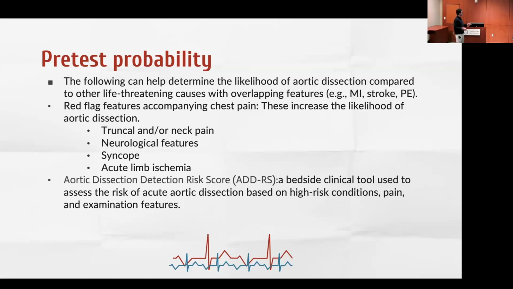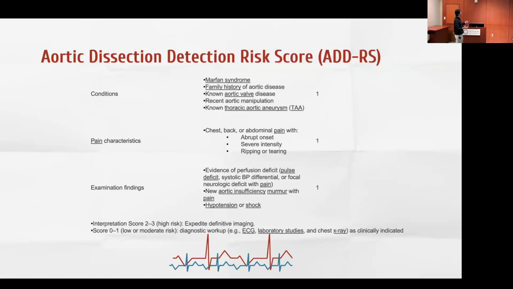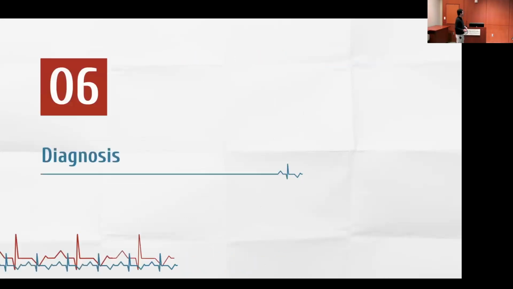There's something called the Aortic Dissection Detection Risk Score, or the ADD-RS. It's a clinical tool measured on a scale of 0 to 3. If patients present with such complications, then the higher their number, like 2 or 3, the more severe category they're in, and we probably want to give them definitive imaging, versus those who are 0 or 1. We can use ECG or other studies for them.